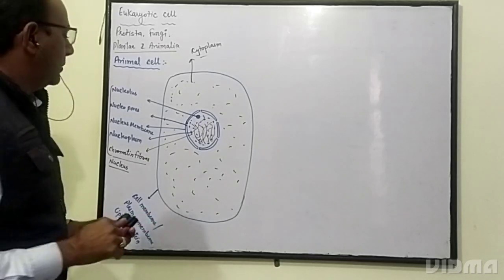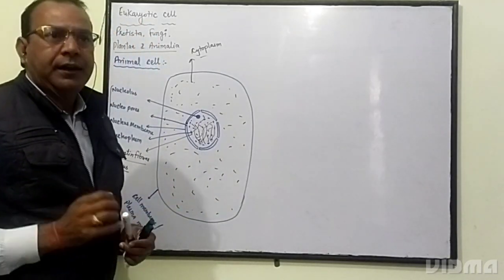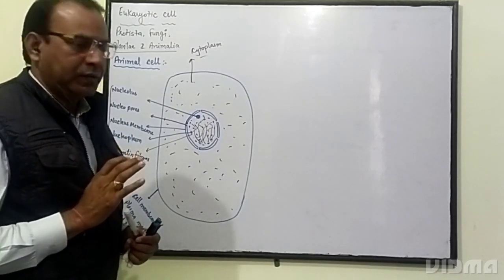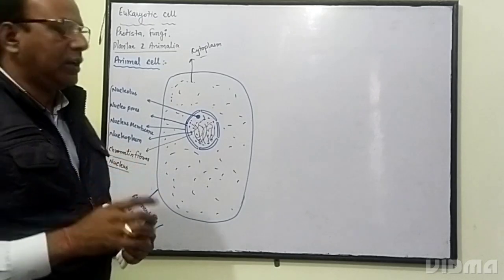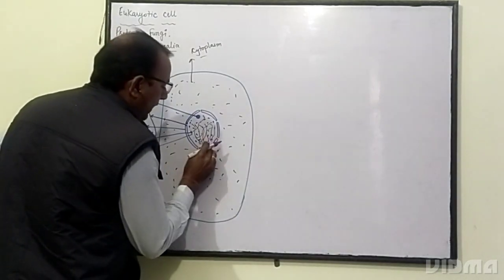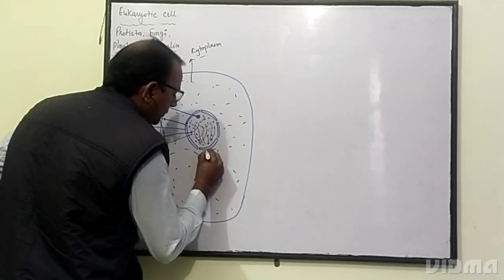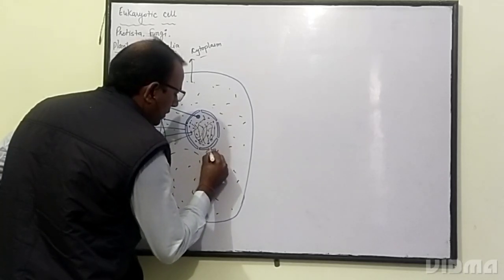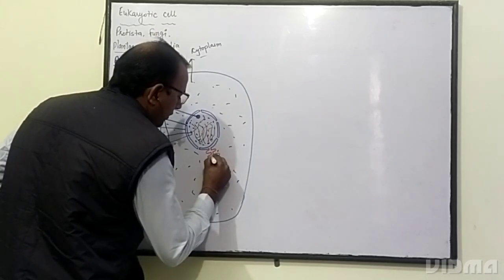Firstly, we will draw the ER, the endoplasmic reticulum. Endoplasmic reticulums are tubular structures which are attached on one side to the nuclear membrane.